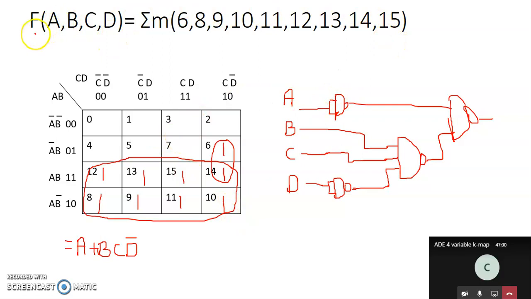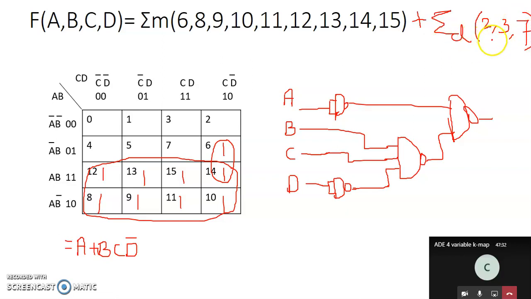Sometimes along with this question, additional terms are given as don't care terms. The don't care terms are written as summation D, or sometimes just D, and the don't care terms will be provided there. So in this problem, I'll just write don't care in place of 2, 3, and 7.